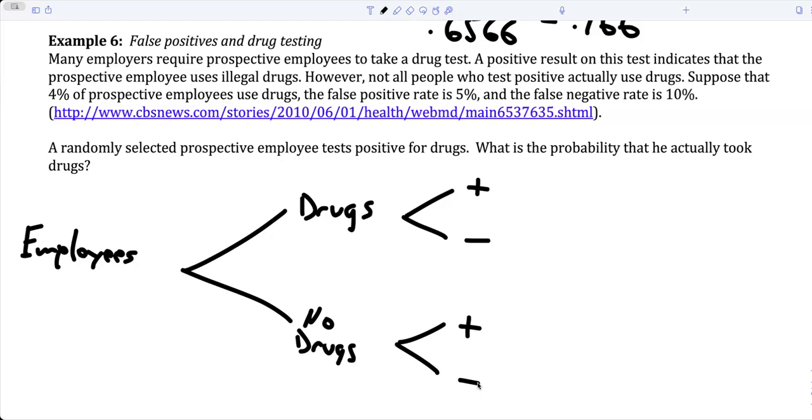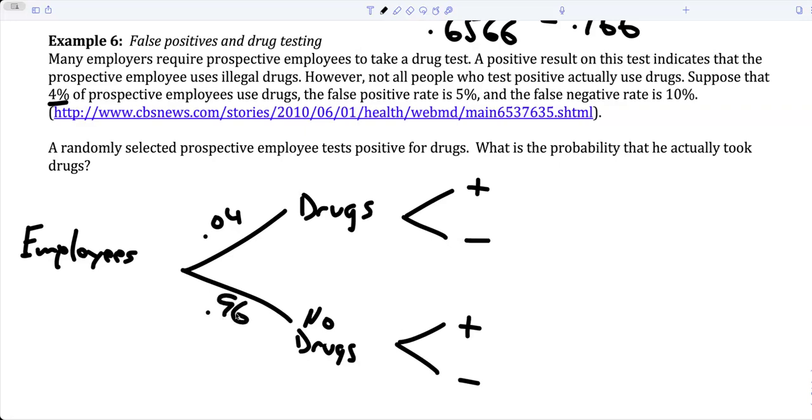So his question was, could you reverse those? And no, because we want to know what's the probability that they test positive, given the fact that they are or are not using. Okay, so the probability that they're taking drugs, it said it was 4%. So this is going to be 0.04.